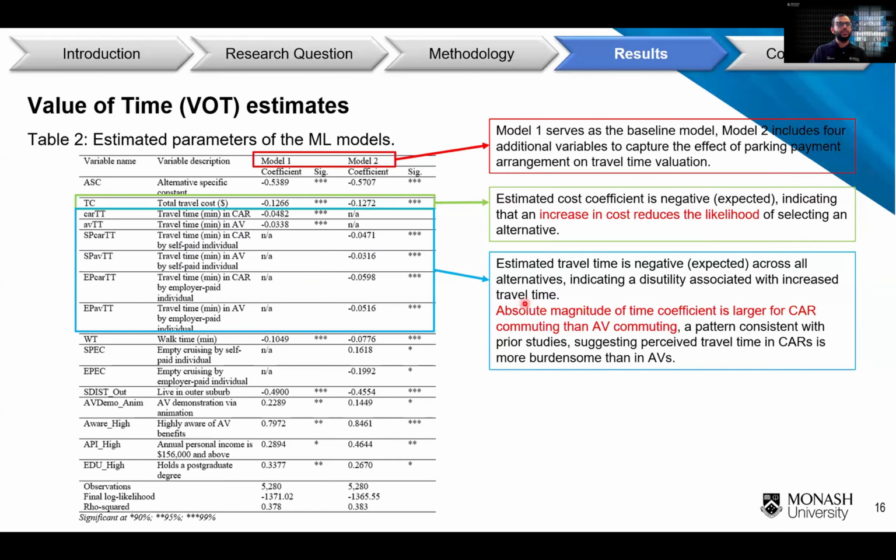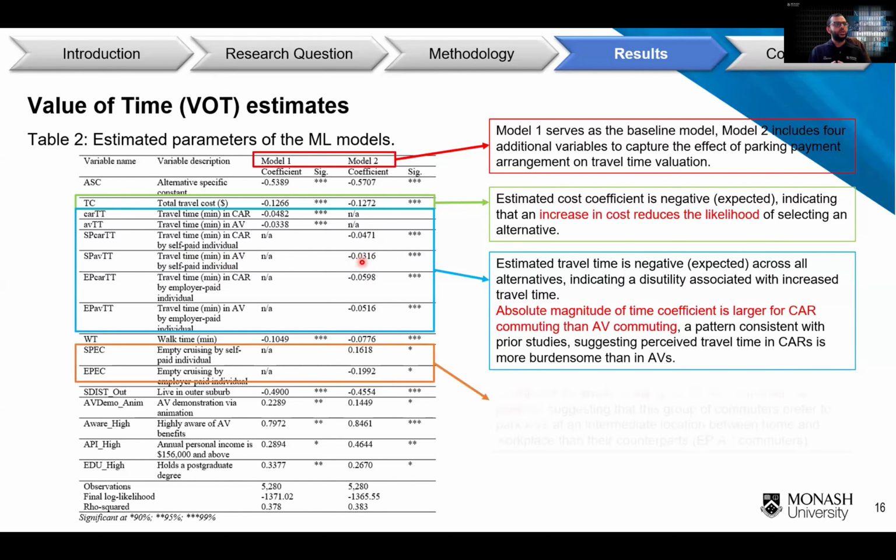But what is interesting is the magnitude of the time coefficient, which is larger for the cars than for the autonomous or driverless vehicles, indicating that the perceived travel time is more burdensome to the respondents compared to the autonomous vehicle users.